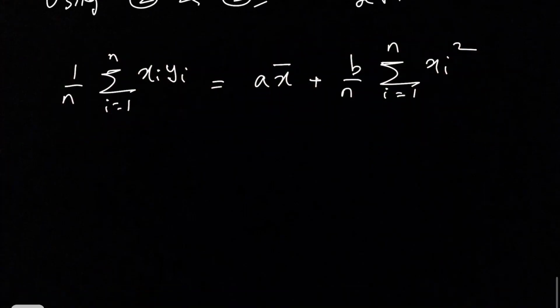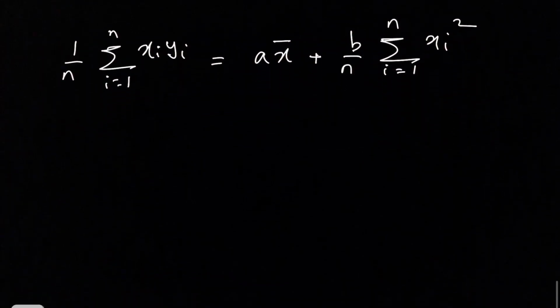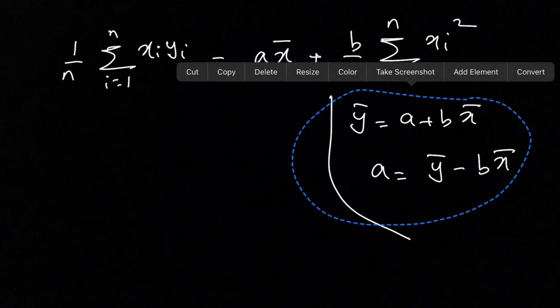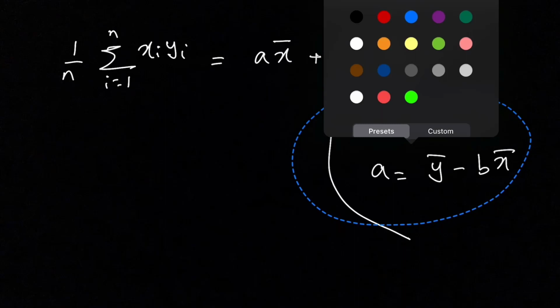Now y bar is equal to a plus b x bar. Therefore, a will be y bar minus b x bar. We'll put this thing. Let me just change the color of this so that you guys don't get confused.